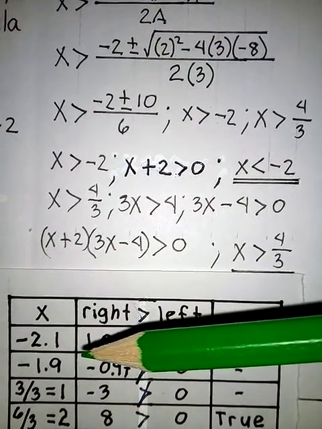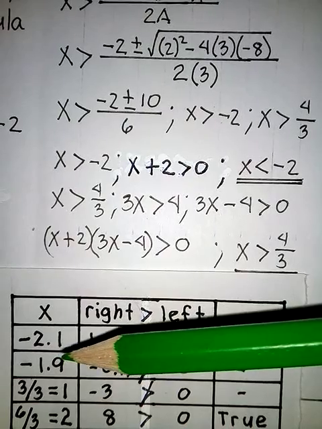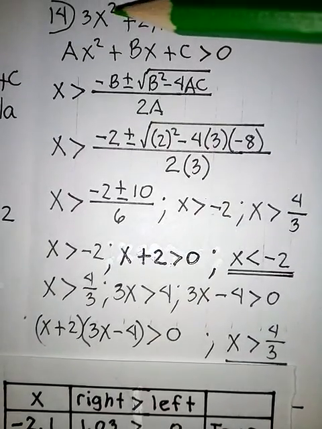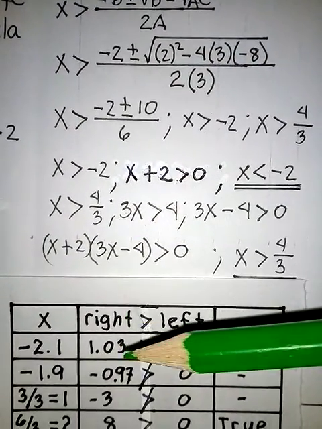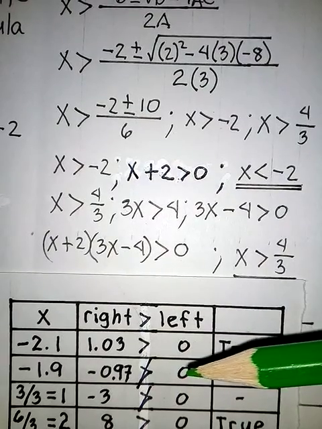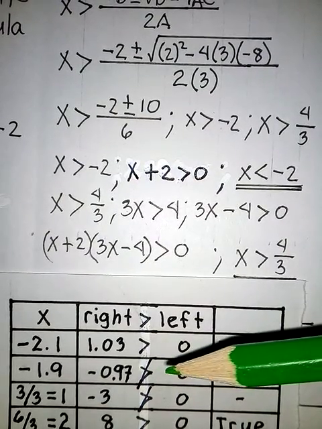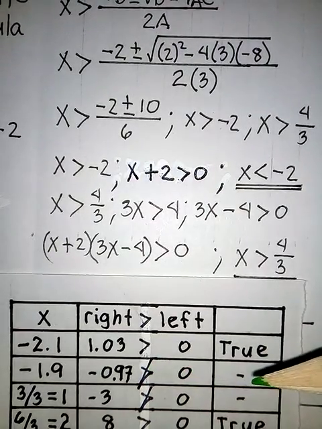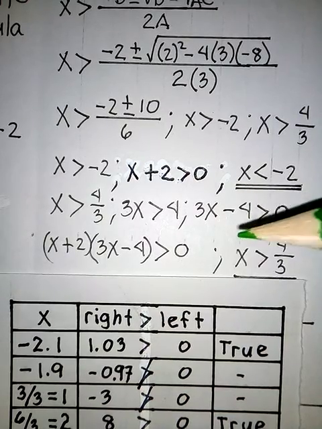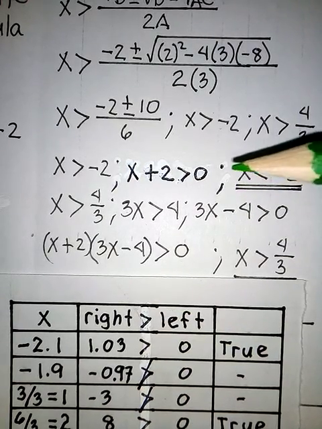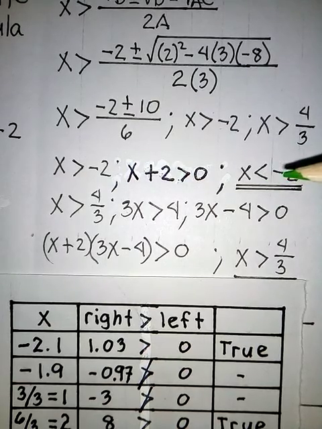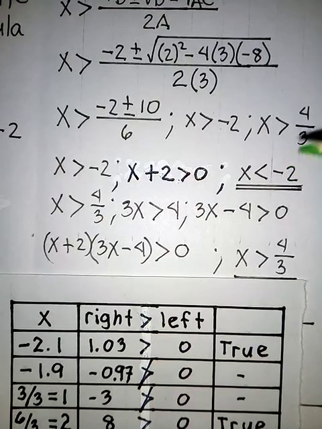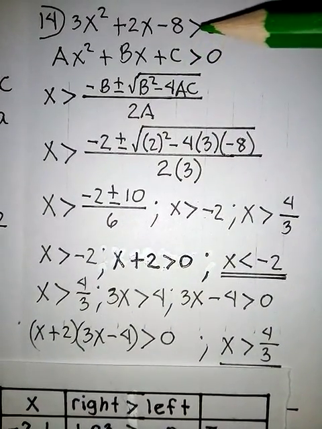But if we substitute the value negative 1.9, we will get for the right side negative 0.97, and the left side is 0. So this is not true, because negative 0.97 is not greater than 0. Therefore we will choose this one: x should be less than negative 2, or all values less than negative 2 will satisfy this equation.